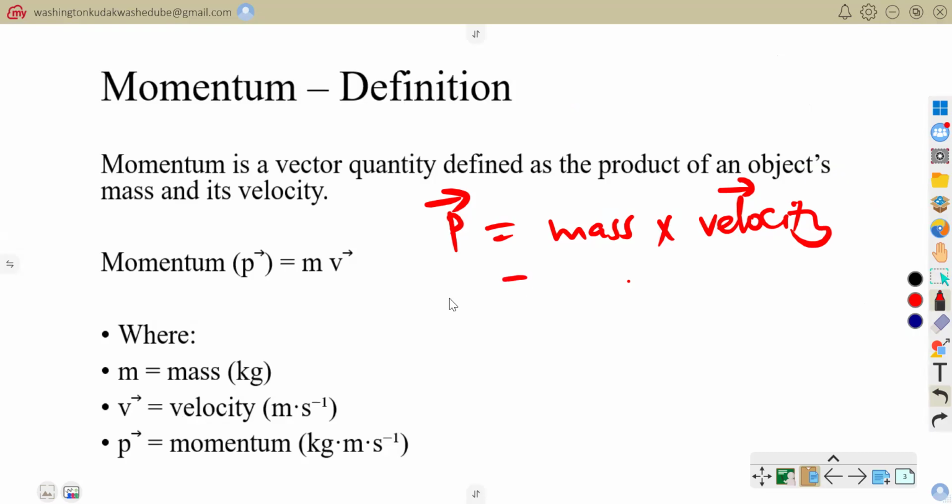So momentum would be P equals M times V, where M represents mass in kgs and V represents velocity in meters per second. And then P represents momentum, which is the product of kg and meters per second. So its SI unit becomes kg meters per second.